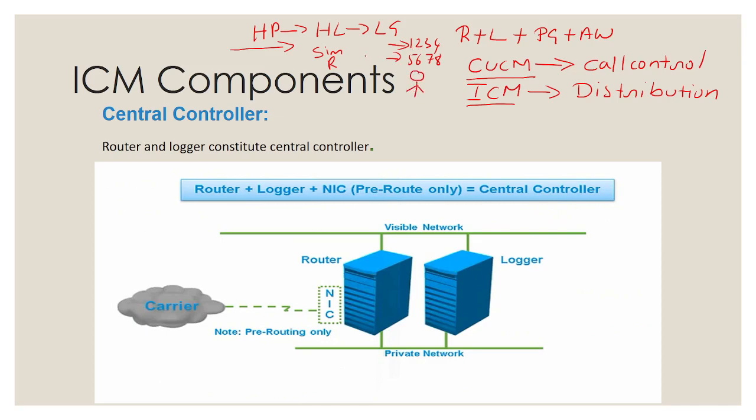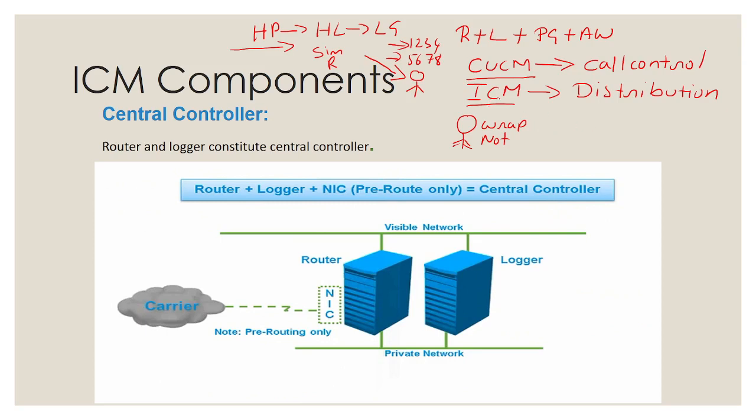In the ICM, it is not the case. ICM exactly knows whether the agent is available, in wrap-up state, or in not ready state before sending the call. That is the major difference between the call manager and the UCCE.